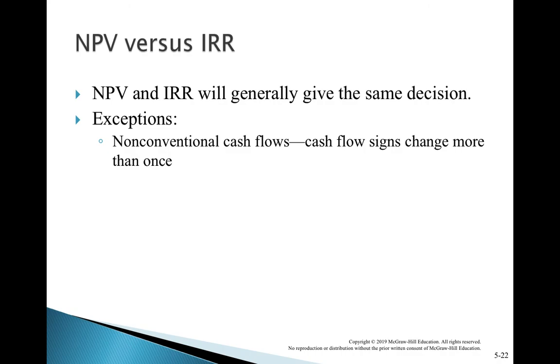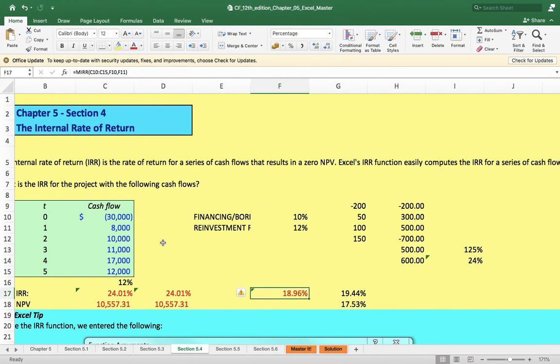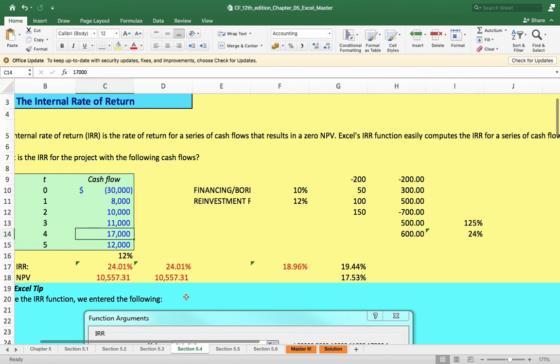But sometimes there will be a different answer, when non-conventional cash flow signs change. I have shown you plus minus, then all plus, then NPV and IRR give you the same decision. NPV positive, IRR better than the required rate of return. So accept the project, here also accept, here also accept.